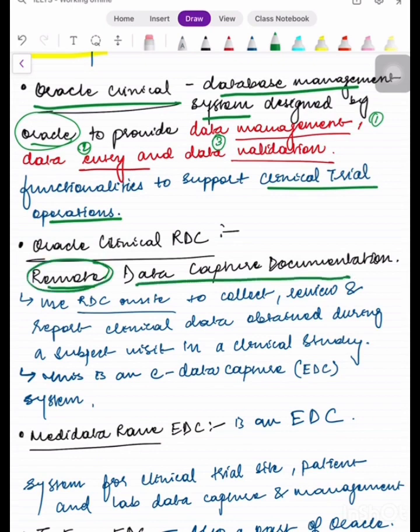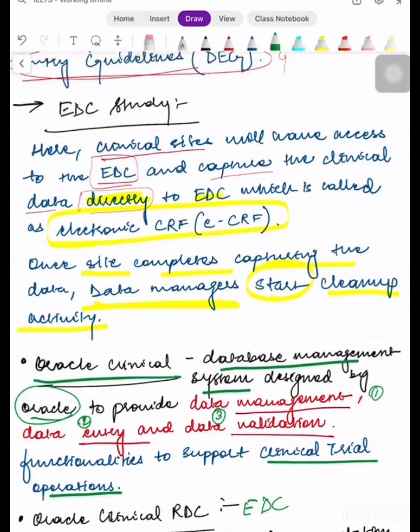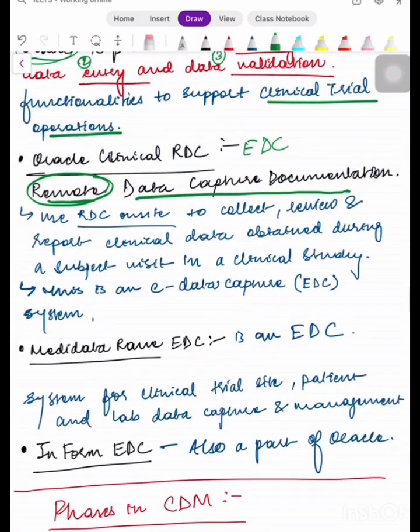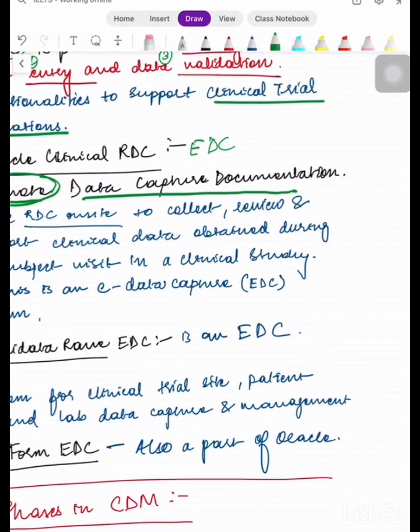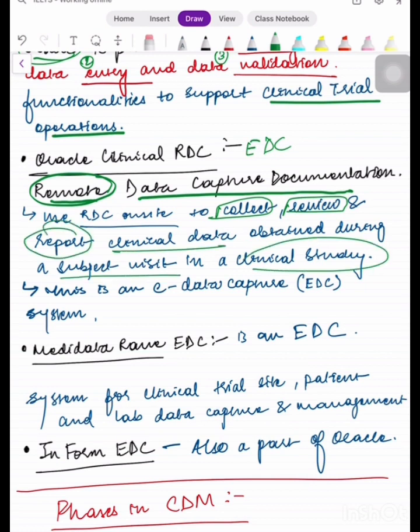Why remote? Because we learned that in EDC we actually capture data at the clinical site itself and they directly feed it to EDC. So therefore it is remote data capture documentation, which uses RDC online to collect the data, review the data and report the clinical data obtained during a subject visit in a clinical study.